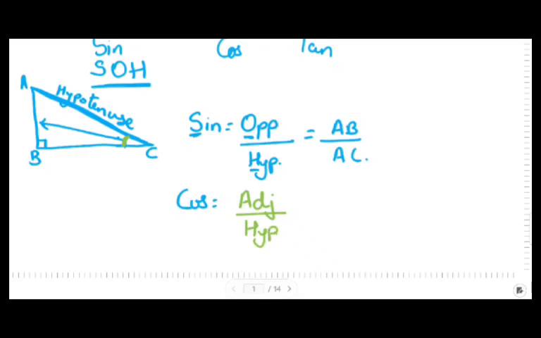Adjacent means the side lying beside it. So this is the adjacent side to C. What is it? BC upon hypotenuse, which is again AC. So the abbreviation for it is CAH, kah.